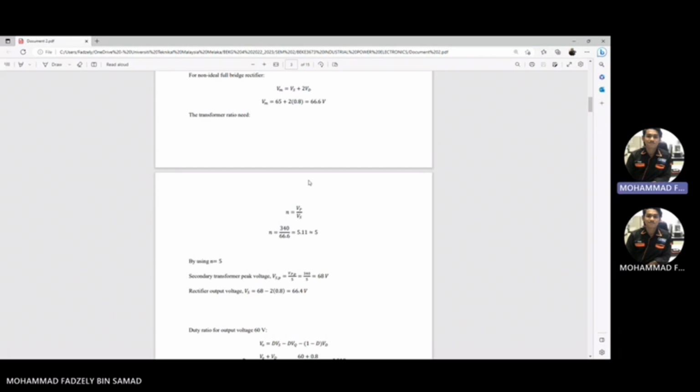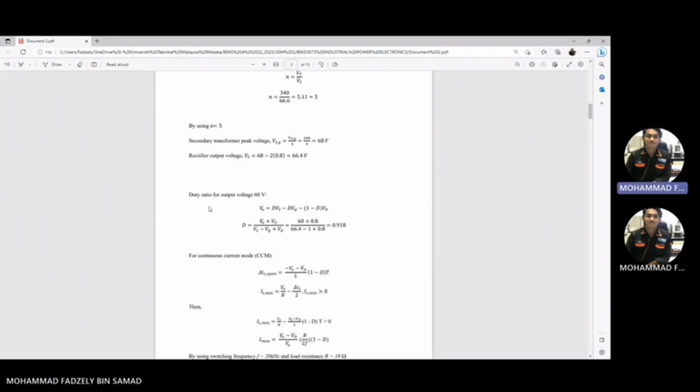Now, calculate the transformer ratio. From this, we get number of turns equal to 5. By using this number of turns to calculate the secondary transformer peak voltage, Vs will be equal to 68 volt, and for output voltage for rectifier, Vs equals 66.4.